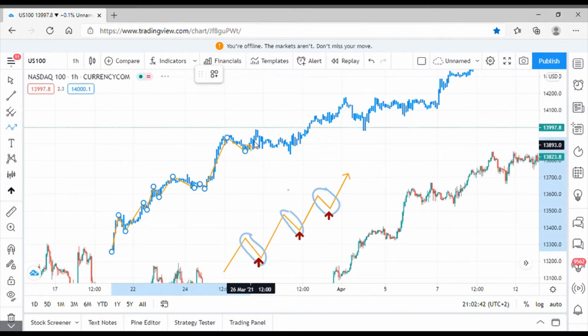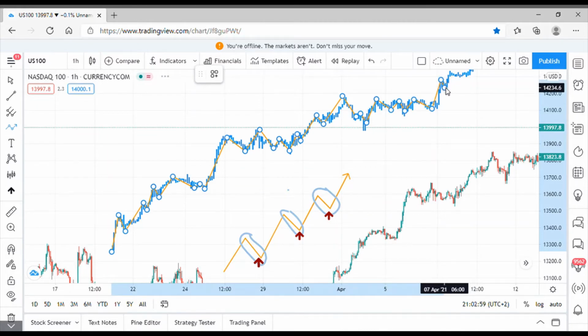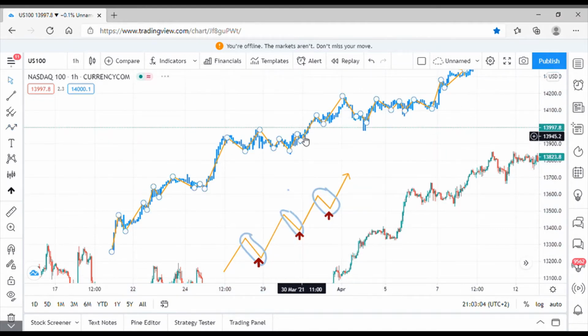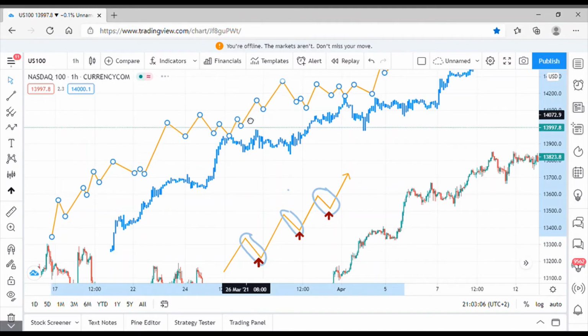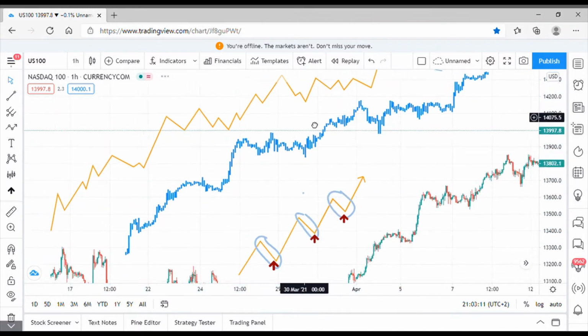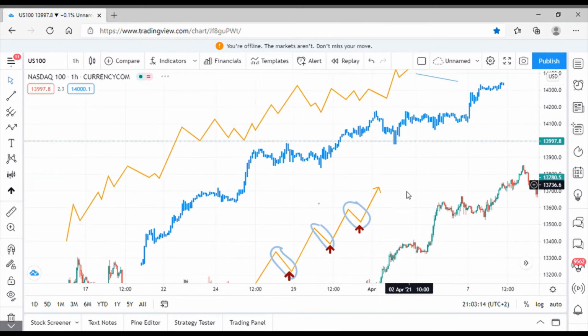And here we had a pattern formation happening, a higher high, continuation, a break, and a continuation to the upside. Now this is the actual behavior of the market, and this is what we are being taught as traders.